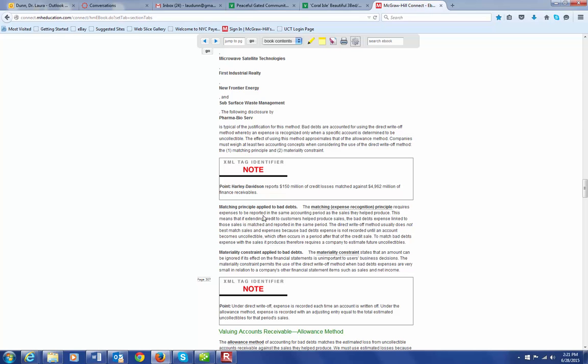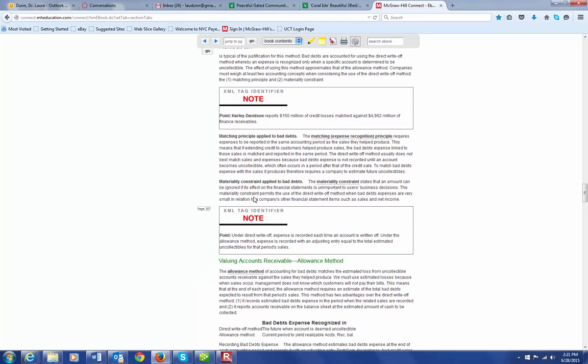So this concept of trying to match the expense with the revenue is why we look at a particular period and try to estimate or predict how much of those sales might end up in bad debts. The other thing that we have to think about is the materiality constraint, because we can ignore it if its impact on financial statements is unimportant.